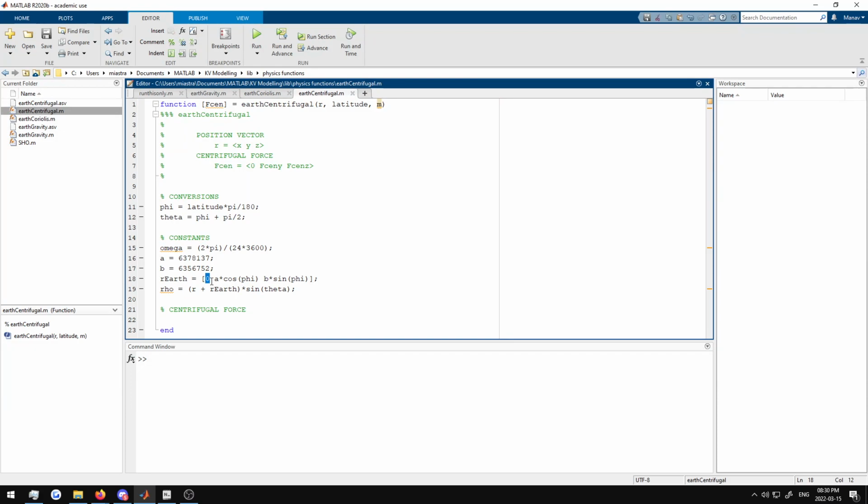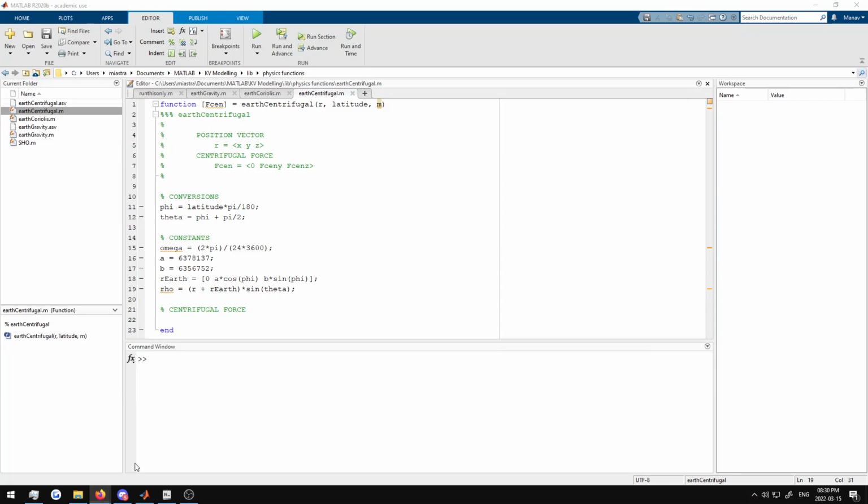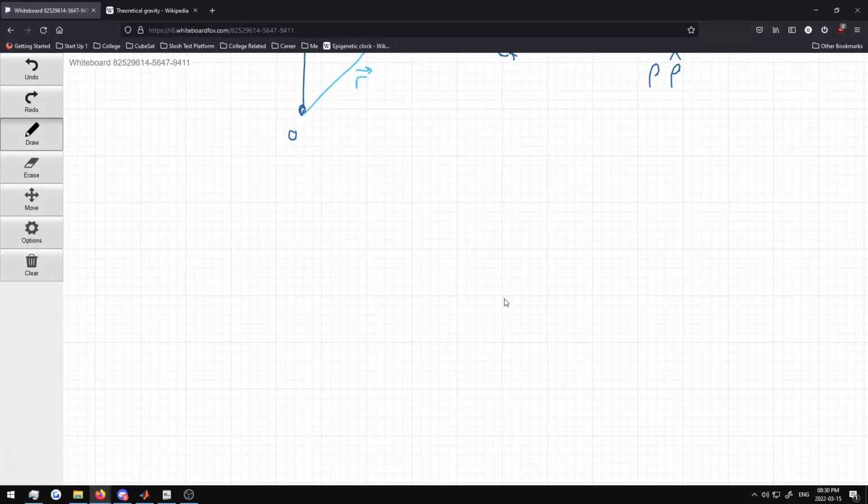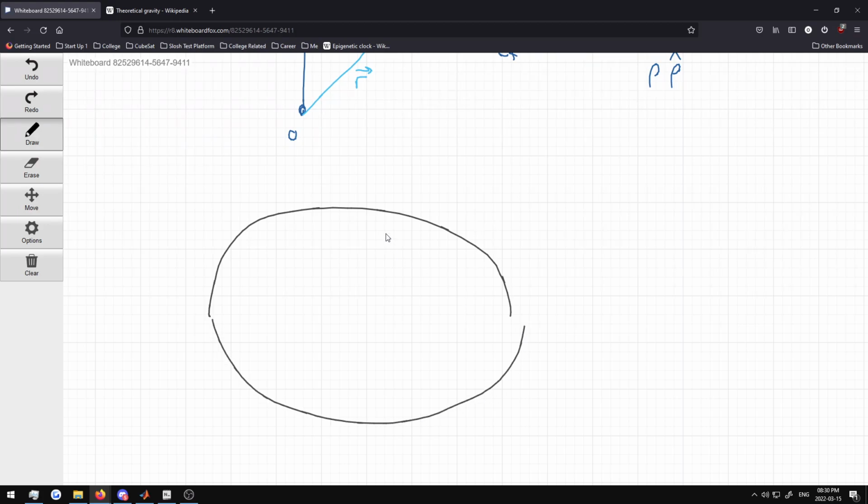If you're wondering why this is 0, a quick thing you can do to convince yourself that it doesn't matter is that it doesn't matter where the Earth is or which longitude line you're on, right? Because there's a bit of symmetry here that we're exploiting. We have our ellipsoid of an Earth.